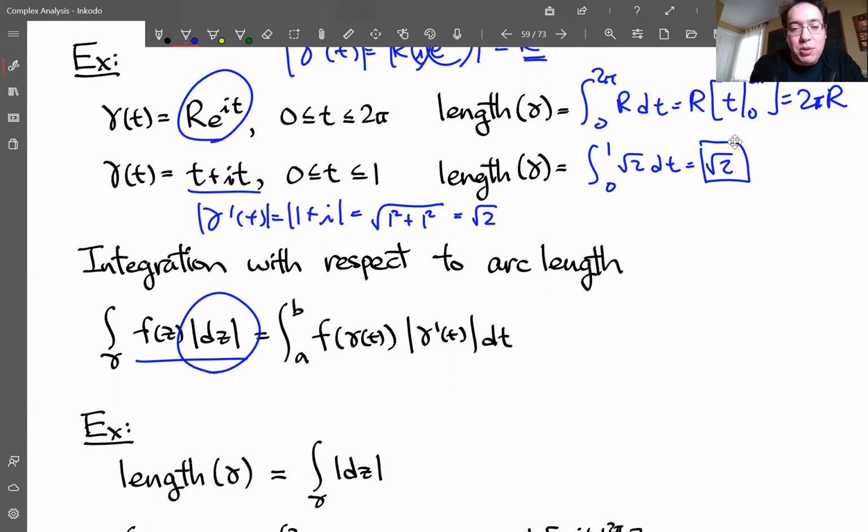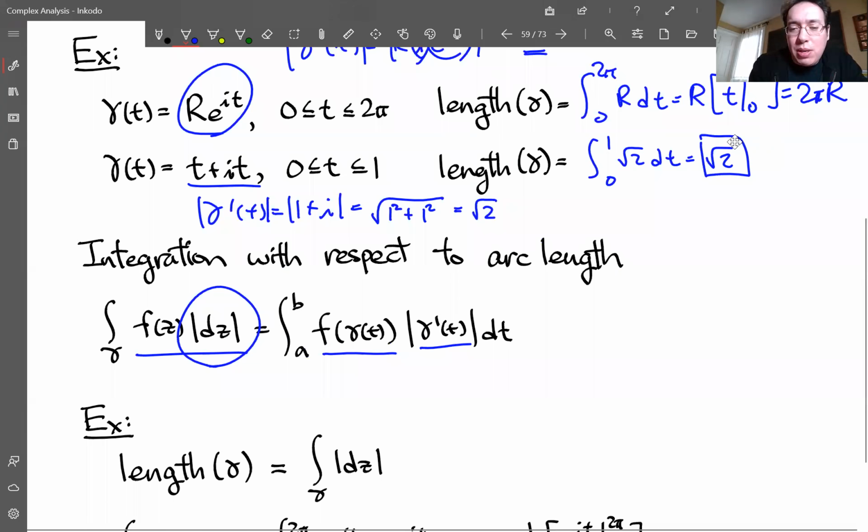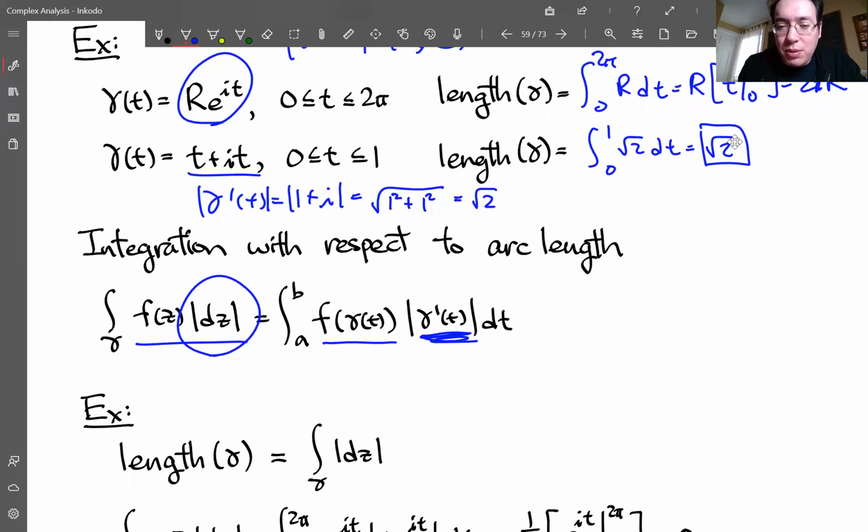Basically, we say f of gamma of t, as we do in the path integral. We also multiply by the derivative, but not just the derivative. We're going to take the magnitude of the derivative. So you don't care too much about the direction where the curve is heading when you do this, although the value of the integrand does matter.